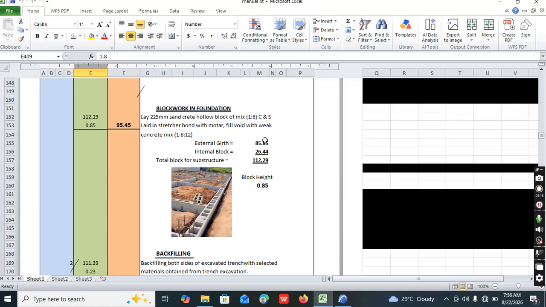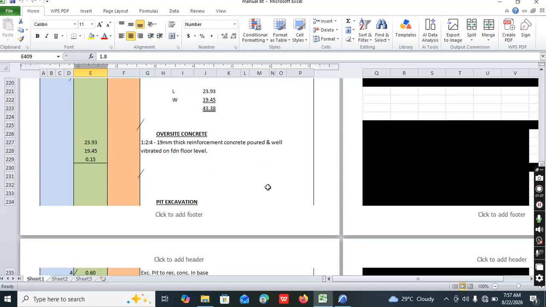We were able to derive our internal and external by taking off the whole block walls. Now this is our final derived from it, which we say external plus internal, giving all this figure, and this is for the depth of the foundation. So we are on superstructure.